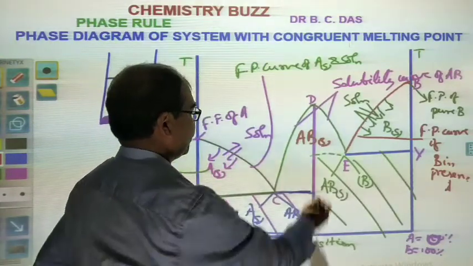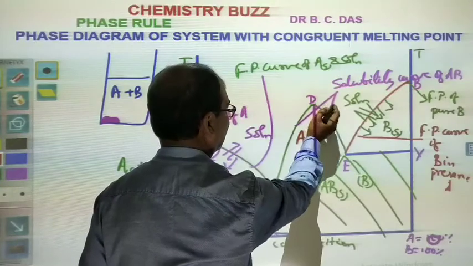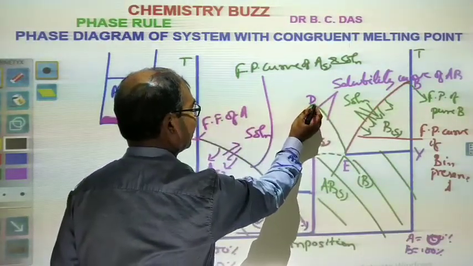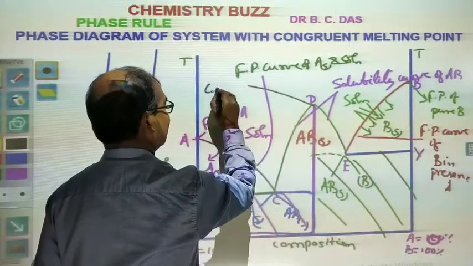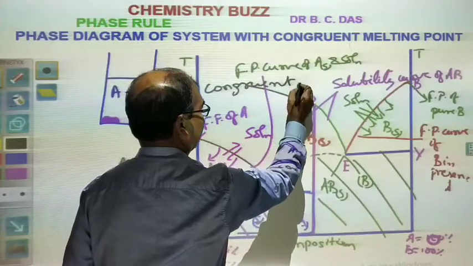So this point is the congruent melting point. This point B is the congruent melting point.